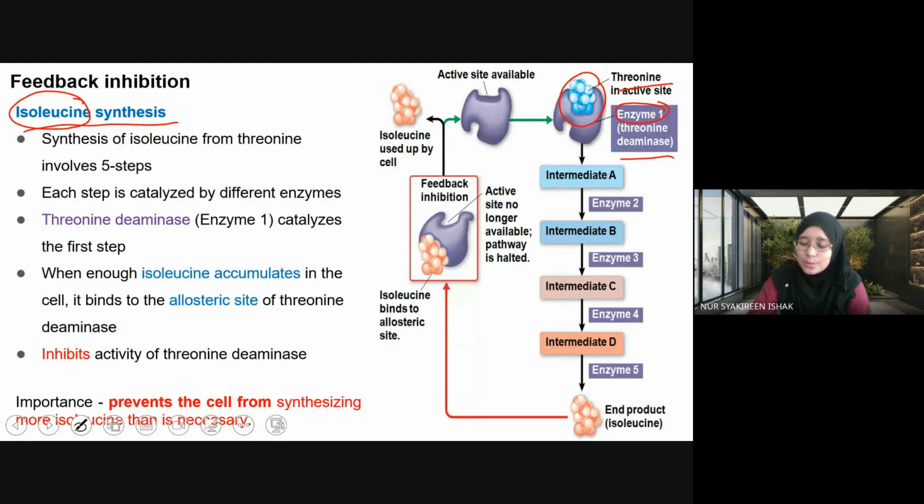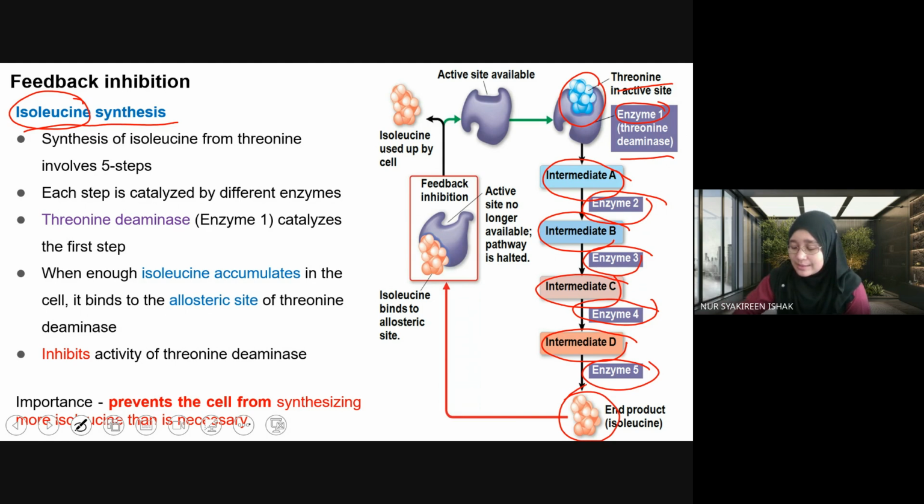So when threonine binds to the first enzyme, threonine deaminase, it produces the first intermediate product, intermediate A. And then it produces intermediate B, catalyzed by the next enzyme, then intermediate C, catalyzed by the next enzyme, produces intermediate D, and then catalyzed by the last enzyme, it produces the end product. The end product that the cell wants is isoleucine.